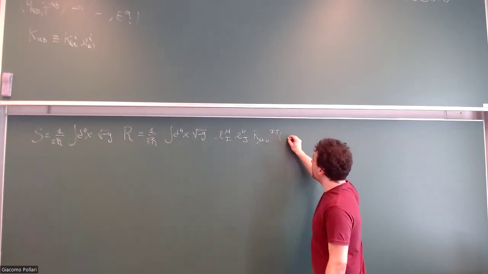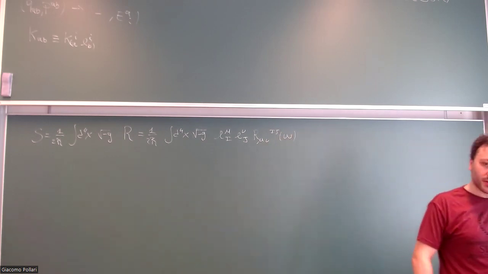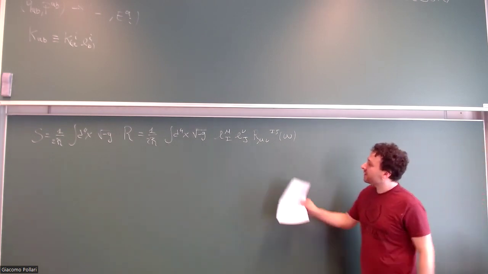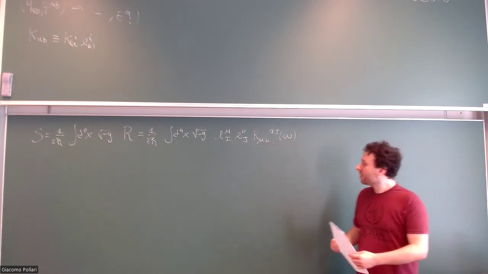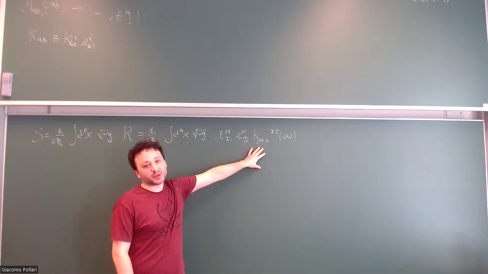And here we can write it depending on omega, which is the connection in first order formalism. And this will be the spin curvature. This spin curvature is written in terms of the spin connection, which is treated as an independent variable.